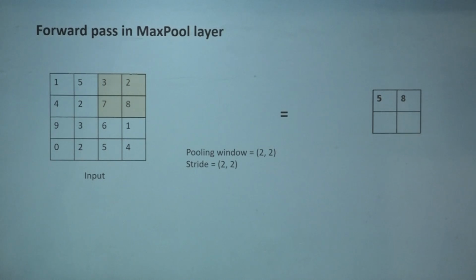For the current index positions of this input matrix Ij, what is the starting position of this region in the matrix? 0, 2. In the input matrix, the starting position of that region is that 3.